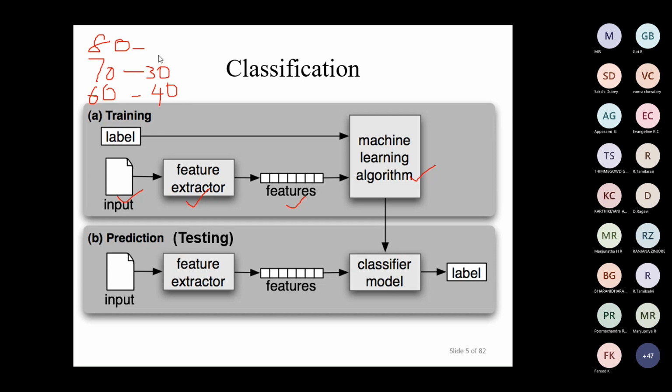So more data for training and less for testing. These are the various ratios generally used for the training-testing ratio.